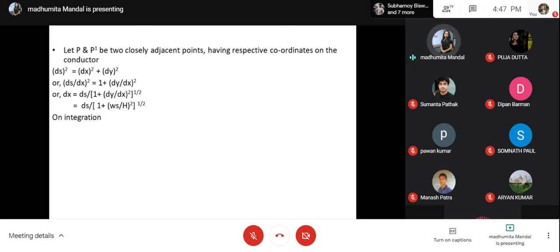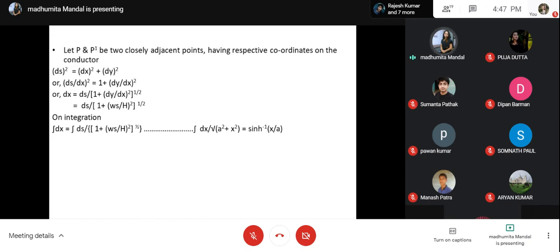Okay, if we integrate both the parts, this will become a hyperbolic function, because the integration of dx by root over a square plus x square is equal to hyperbolic sine inverse of x by a.